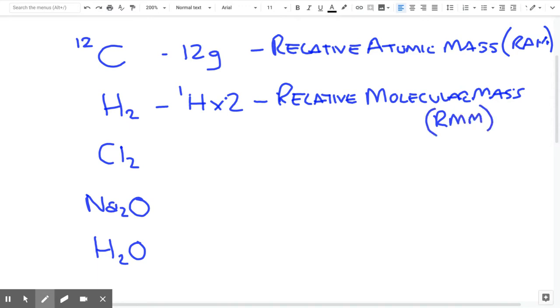Relative formula mass and relative molecular mass are used sometimes quite interchangeably. It may even be used for sodium oxide down there. You may see a question asking, what is the relative molecular mass of sodium oxide? It's not a molecule, but sometimes it's used interchangeably, and probably a more correct term would be RFM, which is relative formula mass.